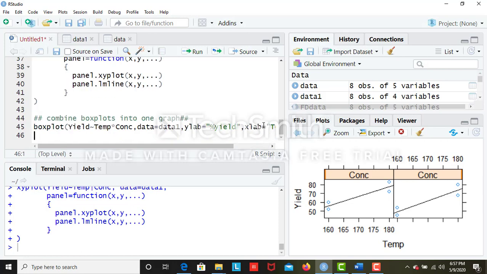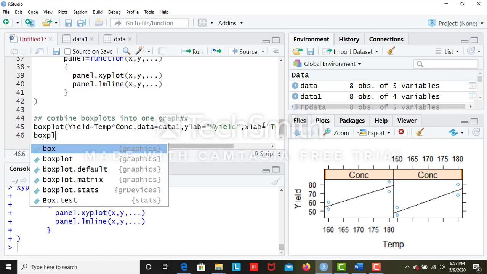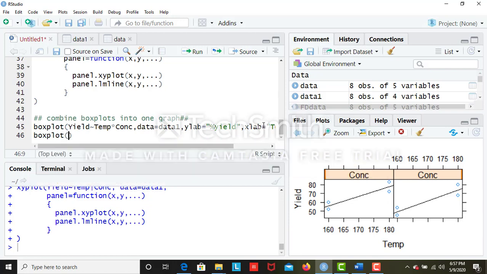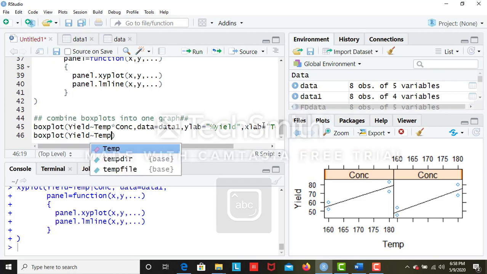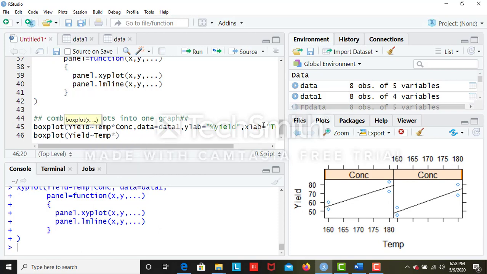Then I have another box plot for catalyst, and I have my data equal to data1.